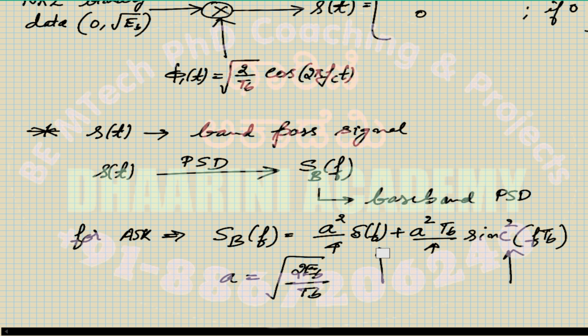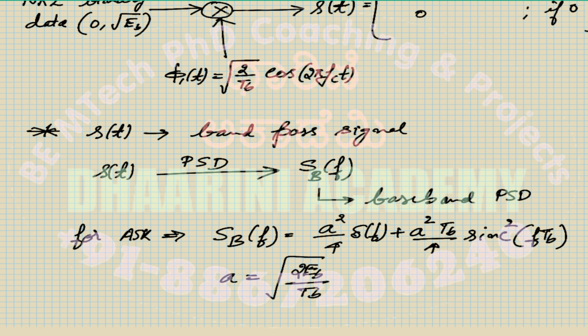Can you guess the reason why we have a delta function and why we have the sinc square function? Here you can see that the delta F comes into picture because of the presence of the cosine function, right? Because when you take the Fourier transform of cos, it gives you delta functions at F minus FC and F plus FC.